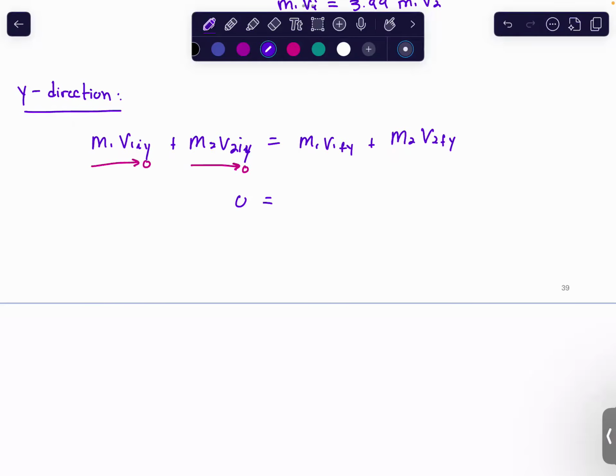So we know that v1 final is just v1. And then our v2 final in the y direction is going to be mass 2 v2 sine of negative 37. Again, same trig identities, so sine of a negative angle is the negative sine.